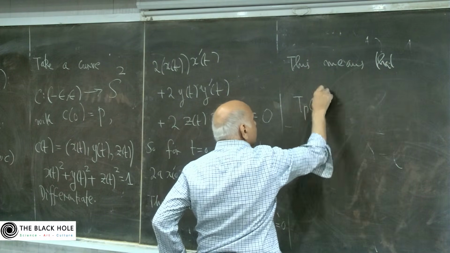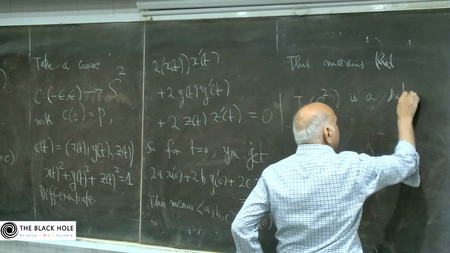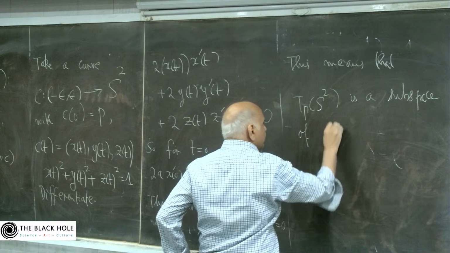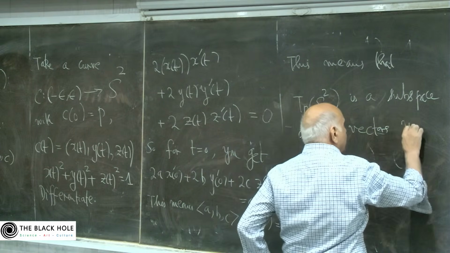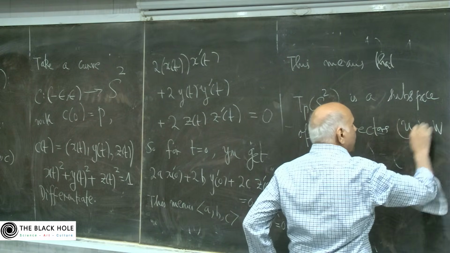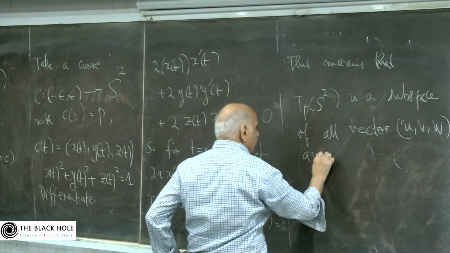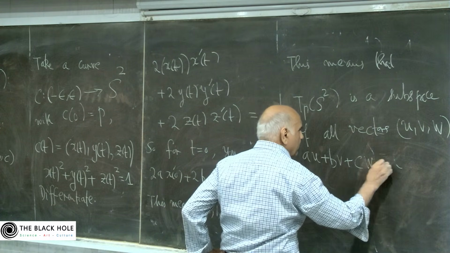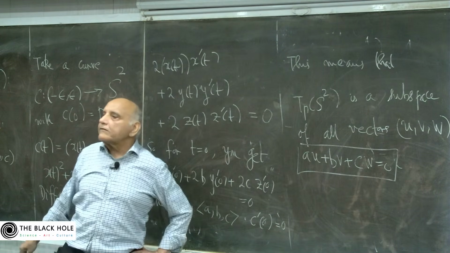So this means the tangent space T_P S2 is a subspace of all vectors (u, v, w) such that au plus bv plus cw equals 0. Is this a subspace?